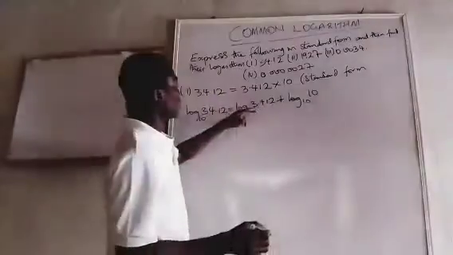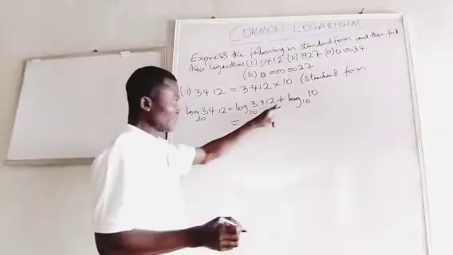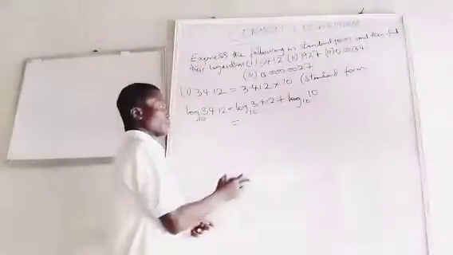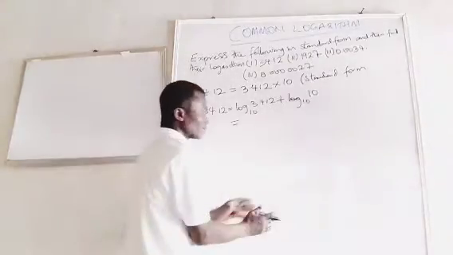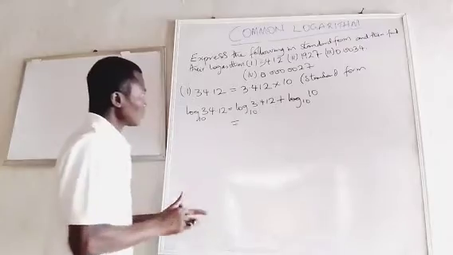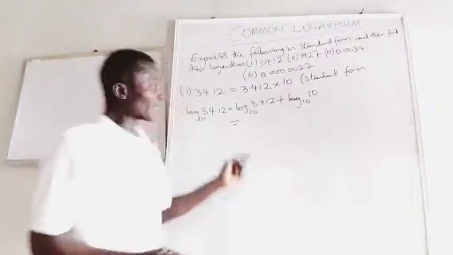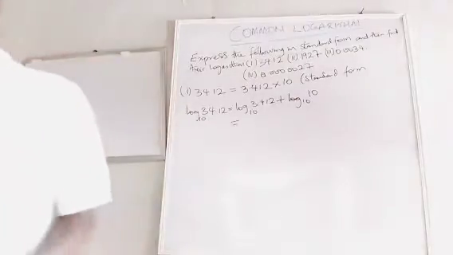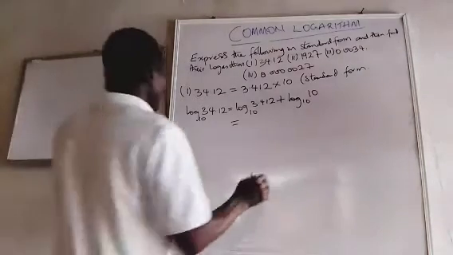We have to get 34 under 1 difference 2. You will check the four-figure table, you will see 3, 4. And then you will check 1 and then add the difference under 2. Now, checking this one from the four-figure table gives us 0.5331.